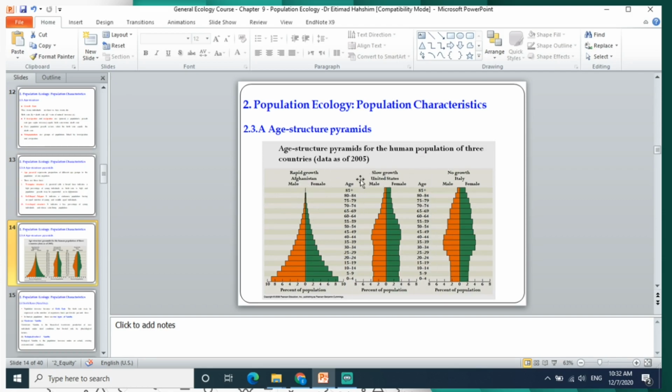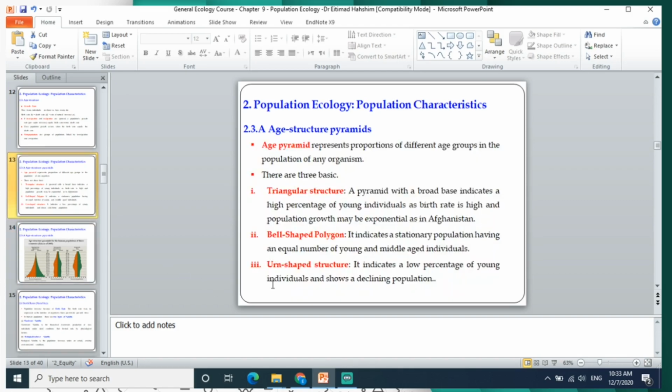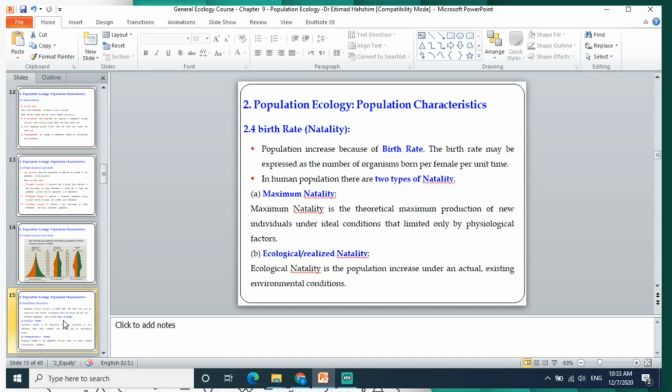Where there is slow growth, like in the United States, you will find that the middle-aged are many and growing nicely. Where there is no growth and not many young, like in Italy, the shape of the age structure pyramid will be an urn-shaped structure.